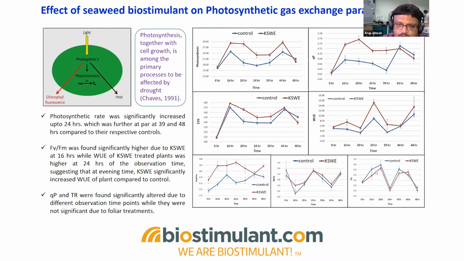Apart from photosynthesis, we also found improved electron transport rate, improved water use efficiency, and improved Fv/Fm ratio in the gas exchange measurements. These are photosynthetic measurements done by infrared gas analysis.